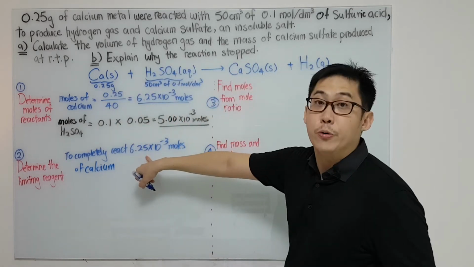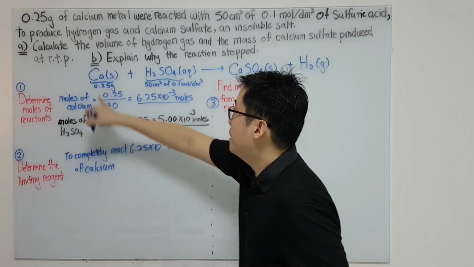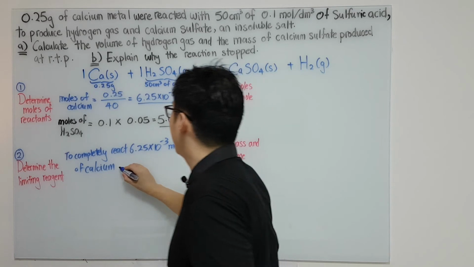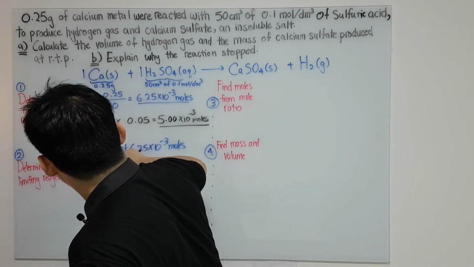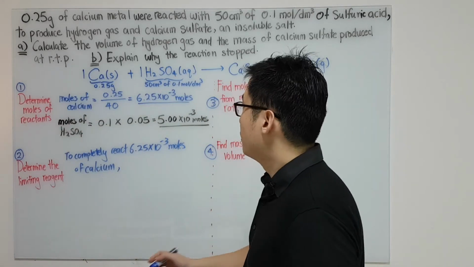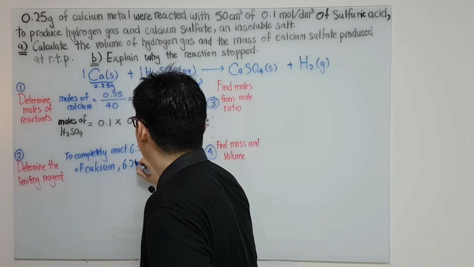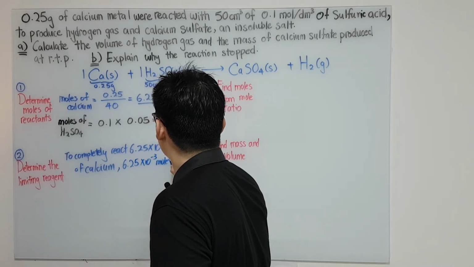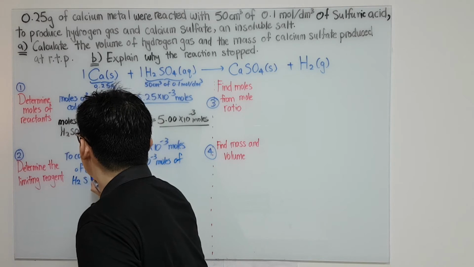Based on this mole ratio of 1:1, how many moles of sulfuric acid do we need? We would need 6.25 times 10 to the power of negative 3 moles of H2SO4.